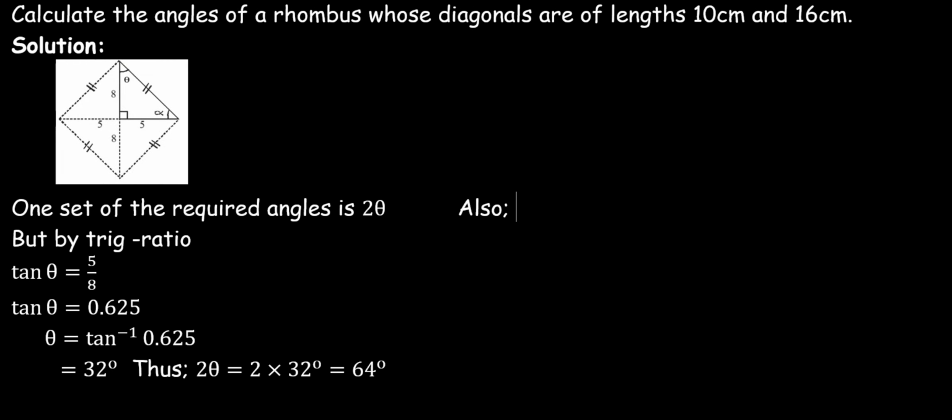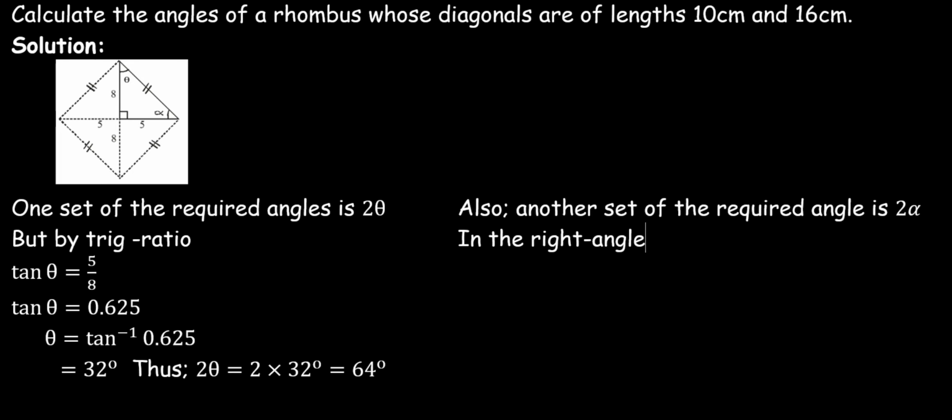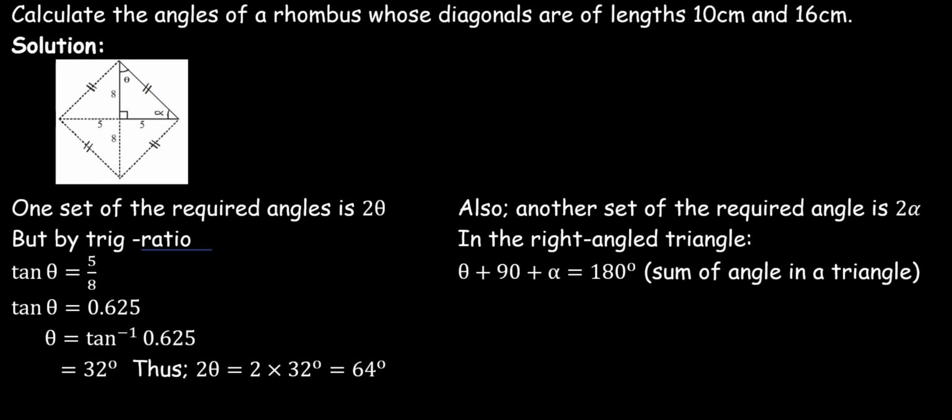Also, another set of the required angle is 2 alpha. In the right angle triangle, theta plus 90 degrees plus alpha is equal to 180 degrees. Reason: sum of angles in a triangle. And we already have theta as 32, so 32 plus 90 plus alpha is equal to 180 degrees.